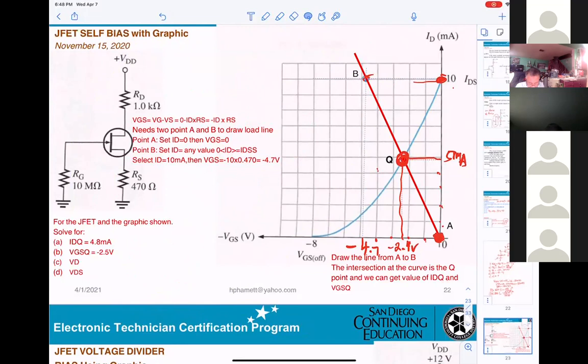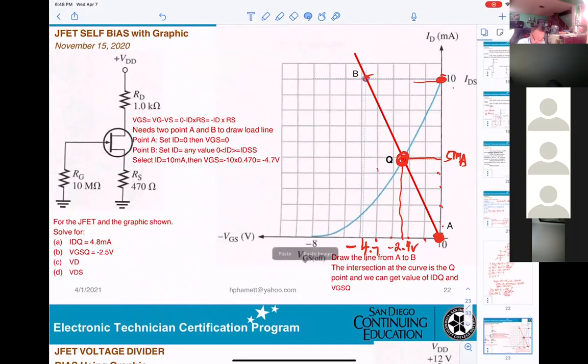Otherwise, you have to do your calculation. That does not happen. So normally in this case, they will give you ID, say 5 milliamps, and you do the direct calculation. You see that? You don't need the graph, and you don't have to substitute into the equation to solve it. That's one way. The other way, if they are not giving you this, they give you here. They say they give you VS equal 1 volt.